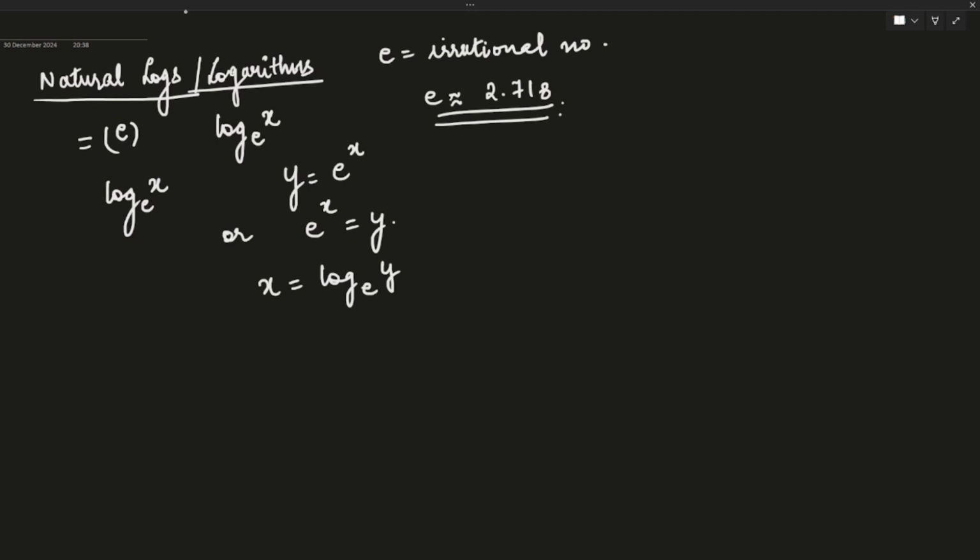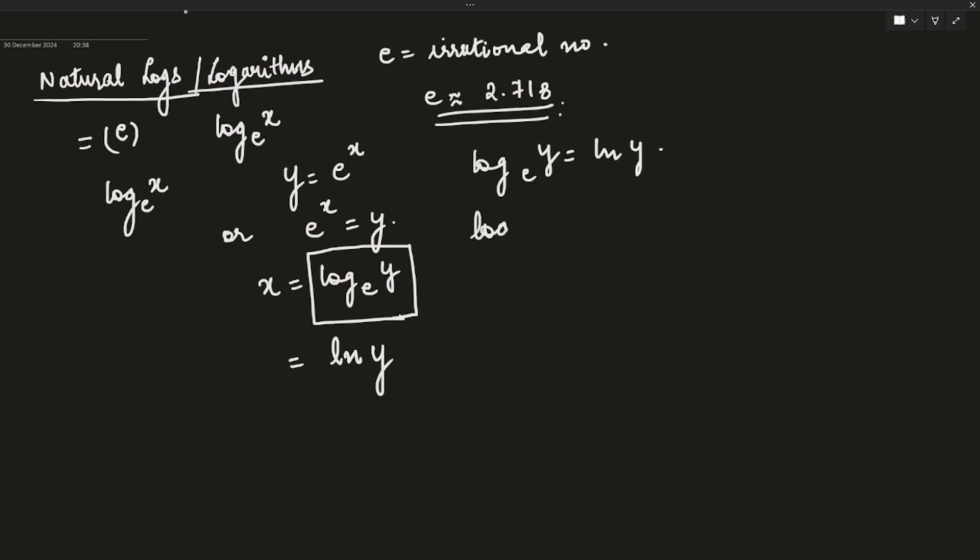So this thing which is at the right hand side, when any number is to the base of e, then we write it as ln. This can be written as ln y. Any argument with the base of e is written as ln of that argument.